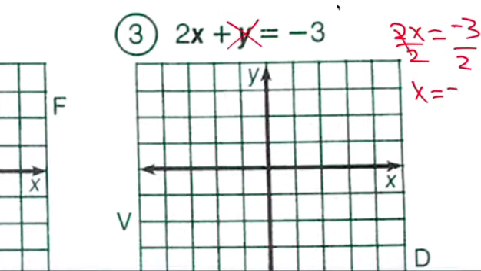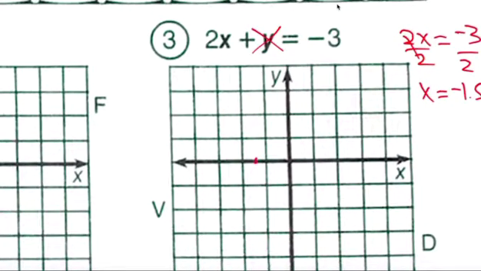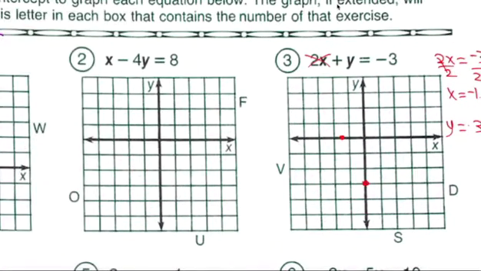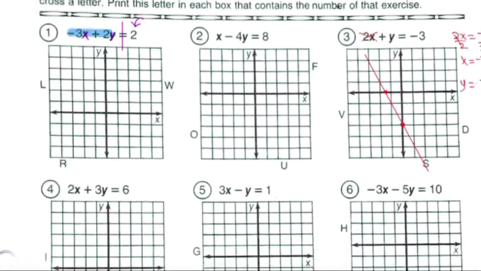X equals negative 1.5, right? So negative 1.5 is right there. Y then, if we want y-intercept, y is just negative 3 in this case, down here. And that's our sketch. So it probably went by S, like that.